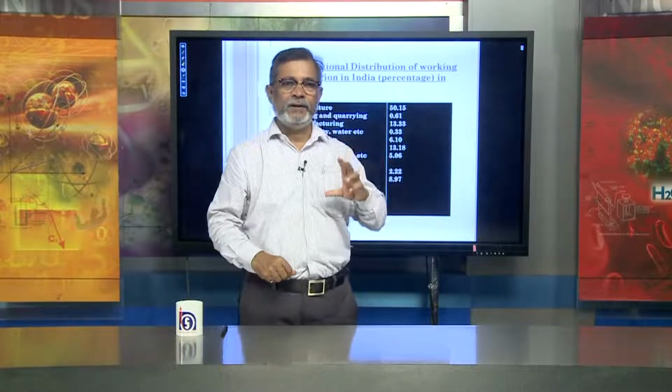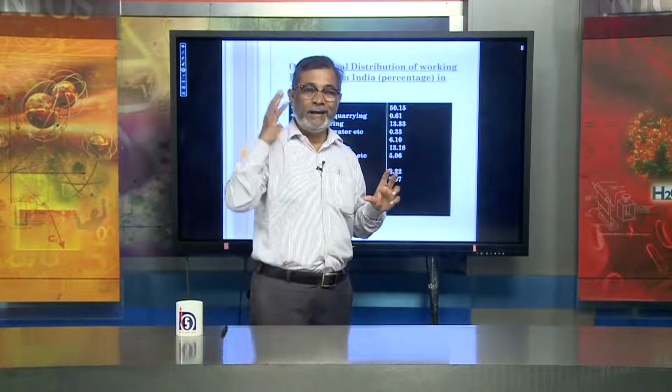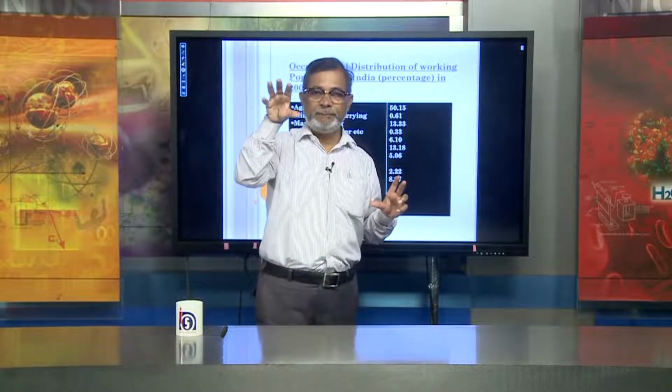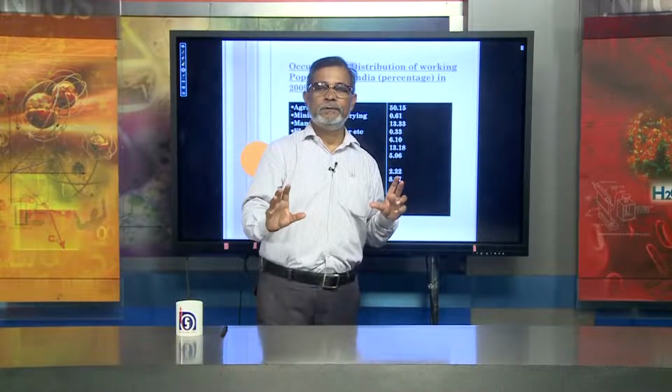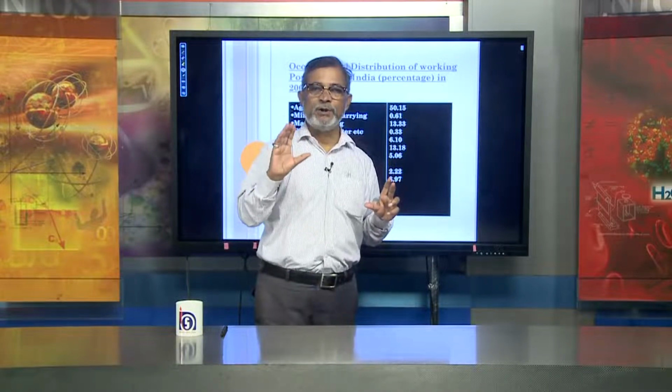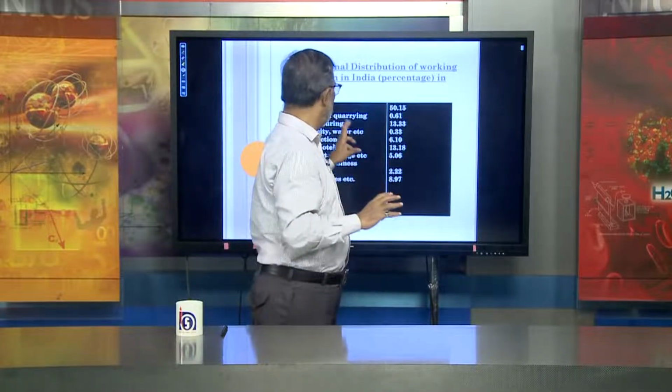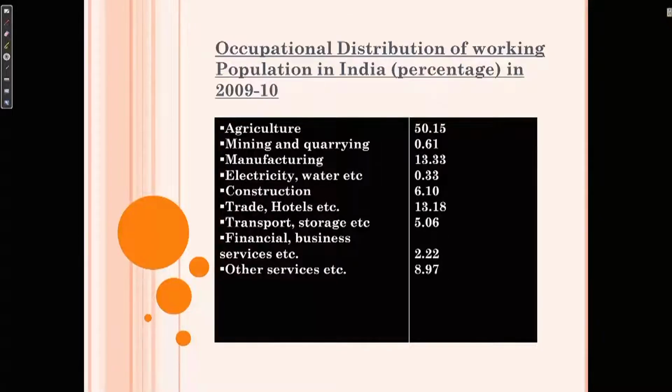So let us see the data, and then it will provide us a complete picture of the percentage distribution of working people in our economy. First is agriculture, 50.15% of the total working population.